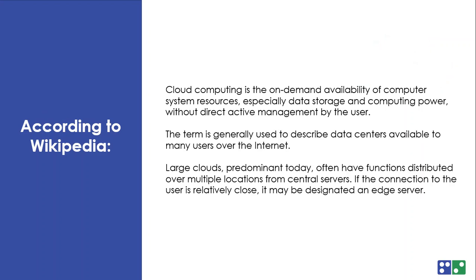Sure, if you go to places like Wikipedia and Google, you'll find definitions, but it's very important to understand that the cloud is just a concept of using the internet to make yourself location redundant, or make your computer systems location redundant, and that could mean many things.